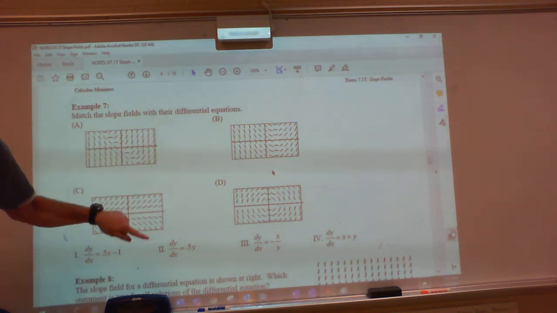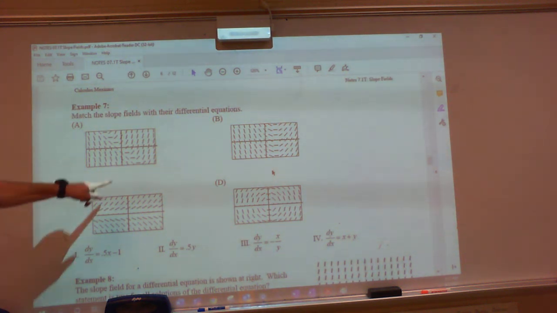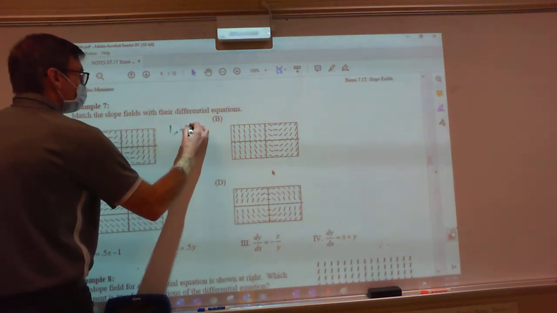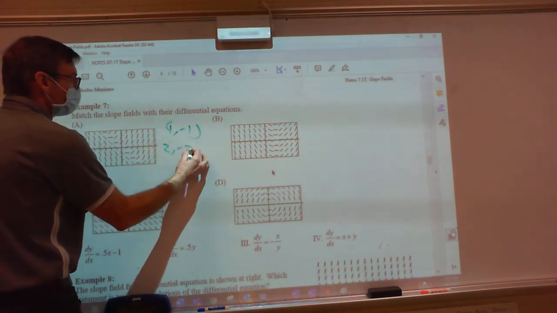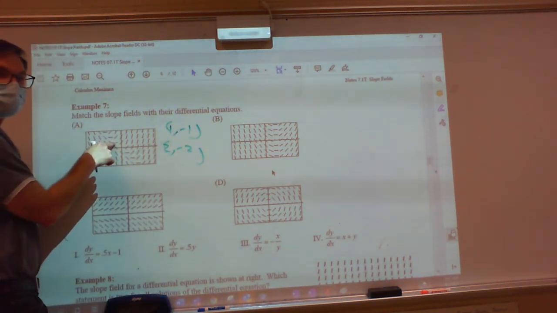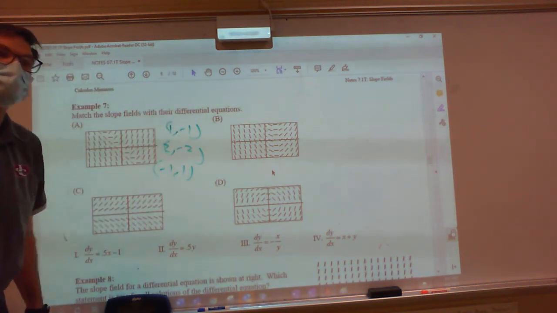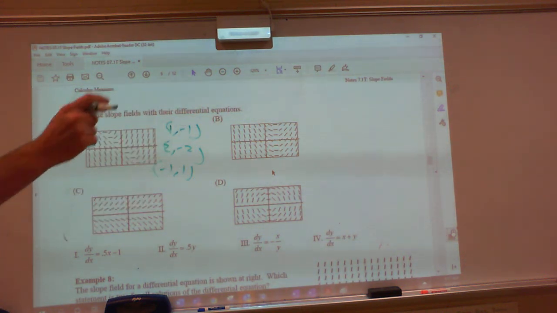What causes a zero slope? What's this coordinate? 1, -1. What's this coordinate? 2, -2. What's this coordinate? -1, 1. What's the relationship between x's and y's? There's always a negative on the opposite one. Which one of these matches it?